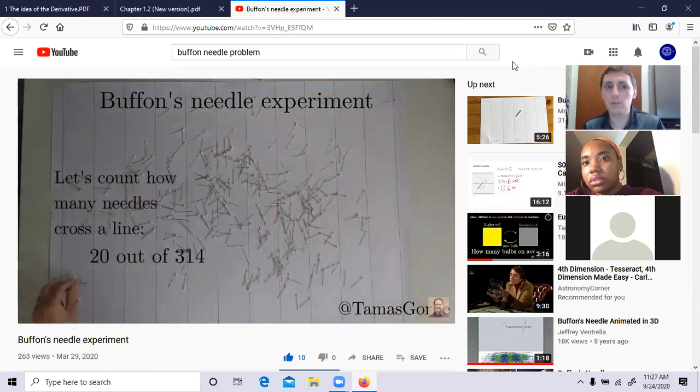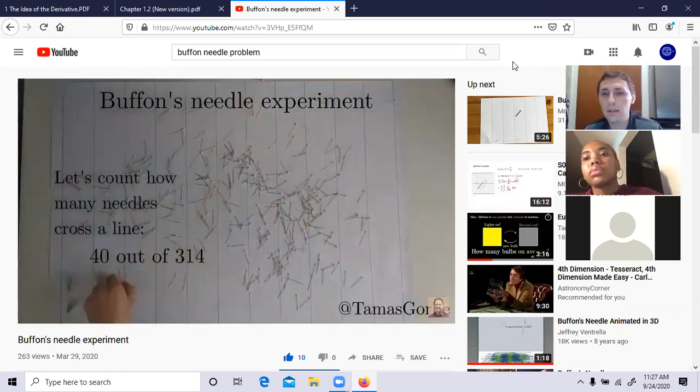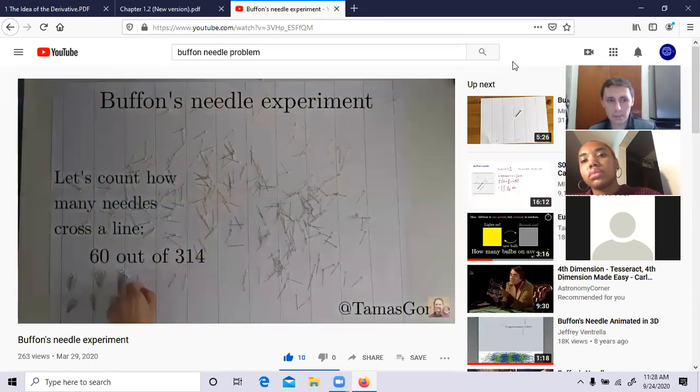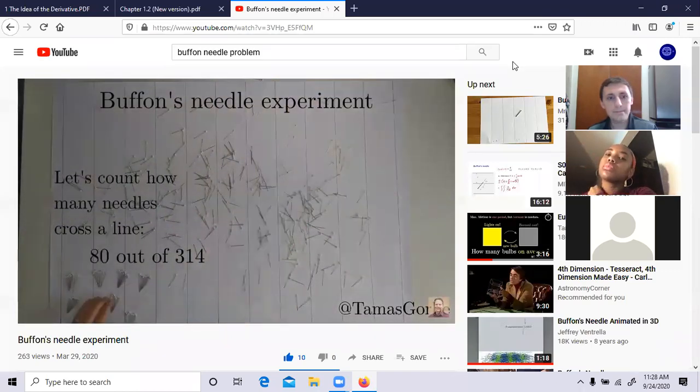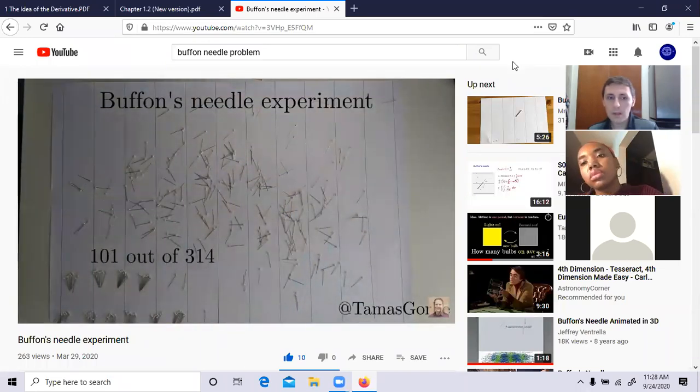You understand what you have to do? You have to count how many needles intersect the line. So you already found 51, 53, etc. And now what you do is you take 315 and divide by that number.